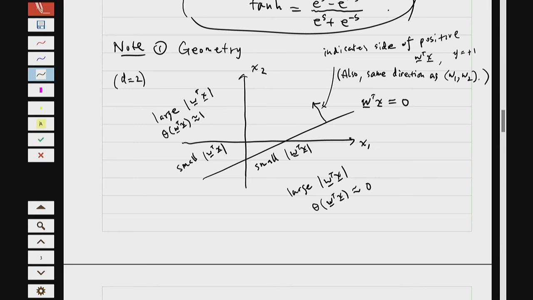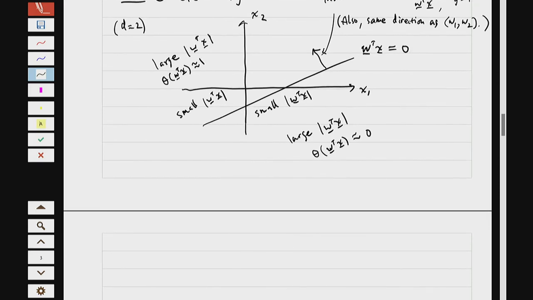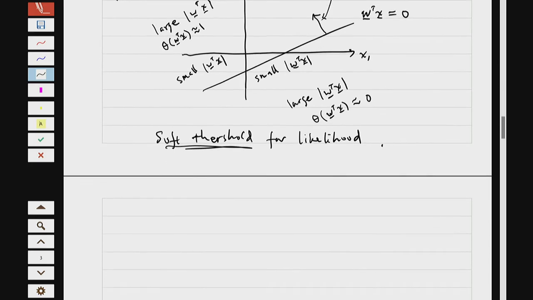Okay? So this is a soft threshold for the likelihood, instead of a deterministic threshold for just the label itself.